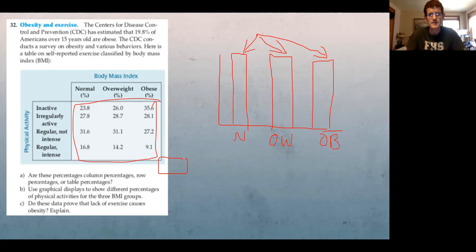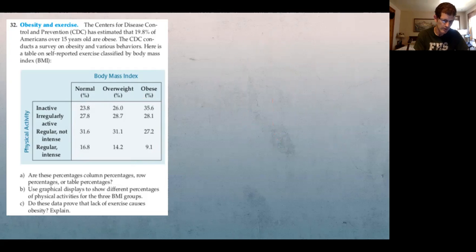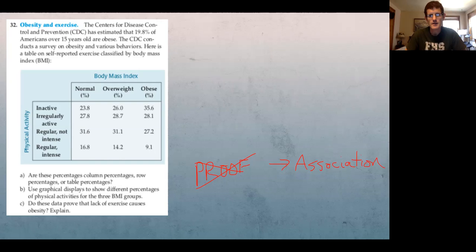All this shows is that there is an association. So no proof. I'll just write it this way. So anytime there's proof, we don't have that, but we do have associations. Okay. So you can say something to that effect, but no proof.